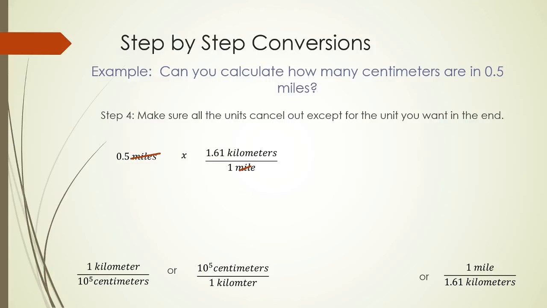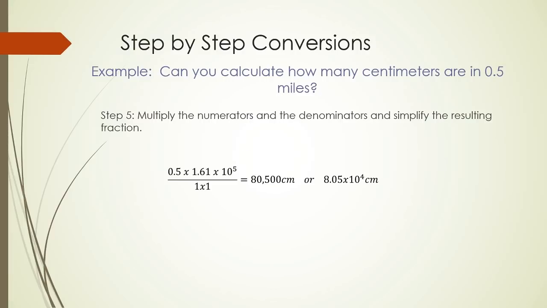Okay. So now I got to look again. I've got two different choices for kilometers to go to centimeters. One of them is going to result in something silly, and the other one's going to result in centimeters. So I'm going to multiply by the one that cancels the kilometers. It's 10 to the 5th centimeters over 1 kilometer. Kilometers cancels out. And now I can go to the next step, which is I need to multiply the numerators and the denominators.